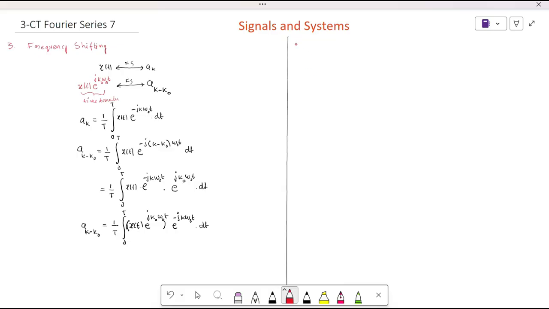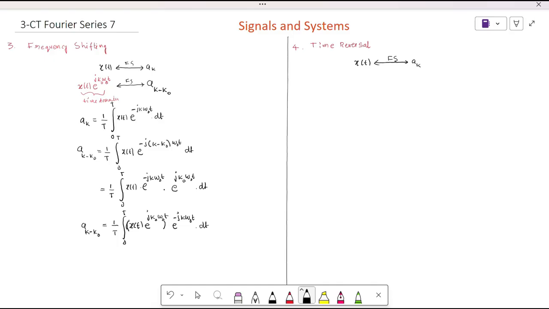Next property, time reversal. Similarly, I am taking the continuous time periodic signal x of t and its Fourier series coefficient a k. This is called a Fourier series pair.